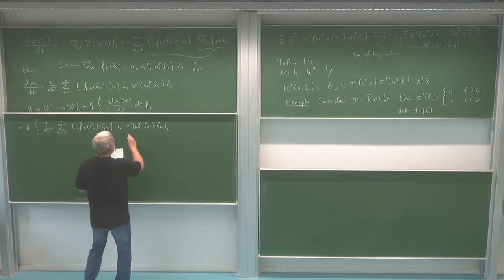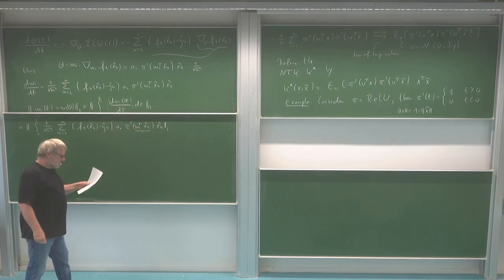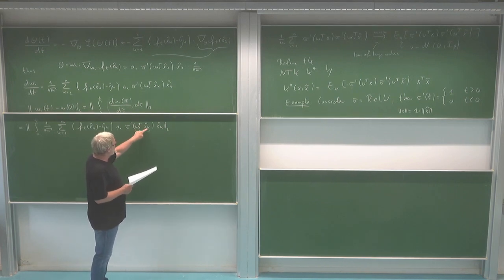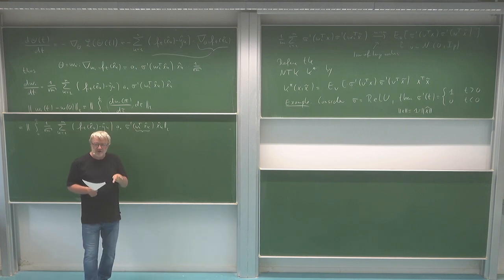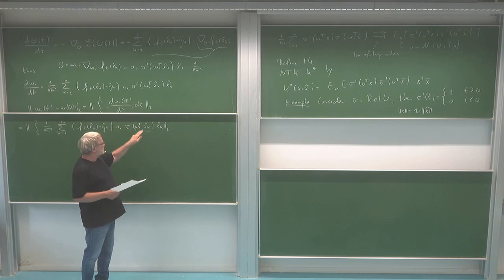Here I have the sigma prime of an argument, and what is this argument? This is of course a Gaussian variable. The entries of the wi are independent Gaussians. I take a linear combination of them with the coefficients of this vector x.